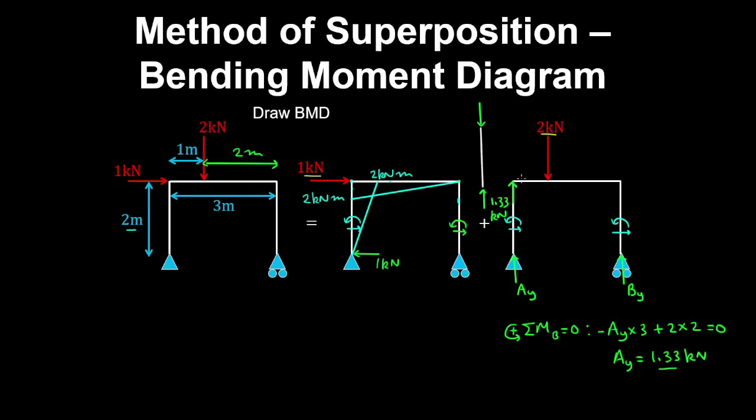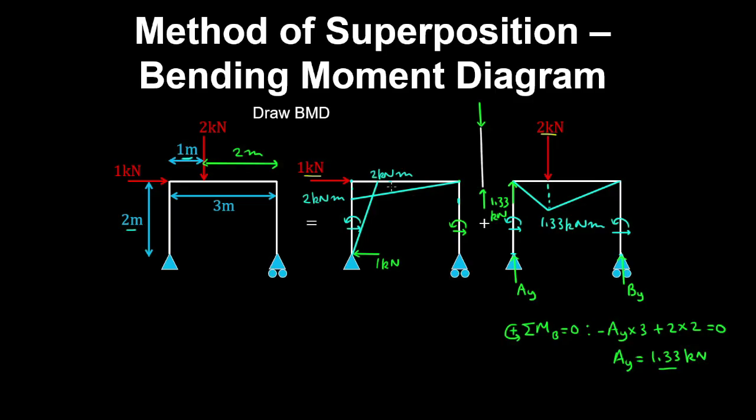And therefore the bending moment diagram is obtained as simply this reaction force by the moment arm of 1 meter. So that would be 1.33 kilonewton meters. And remember that the bending moments in the columns were 0 because there's no horizontal reactions. So therefore this decreases linearly to 0.